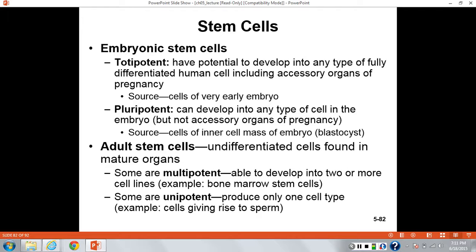Multipotent, able to develop into 2 or more cells. Think about bone marrow transplant. Why do they do bone marrow transplants? What could you have going on? The reason why they need to do a bone marrow transplant. Okay, so what do they do? They can replace the cancerous cells with what? Good marrow, and then that marrow will start producing what? Normal white blood cells. Make sense? Okay.